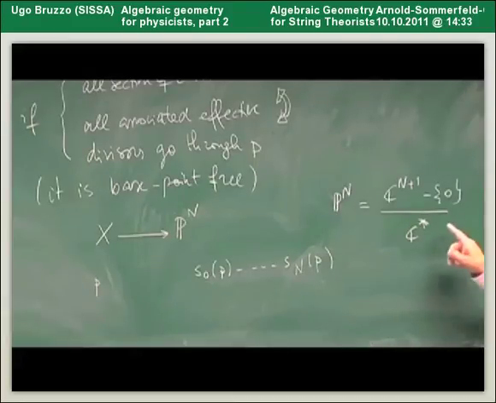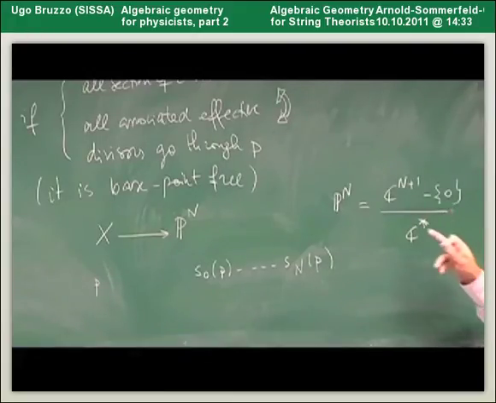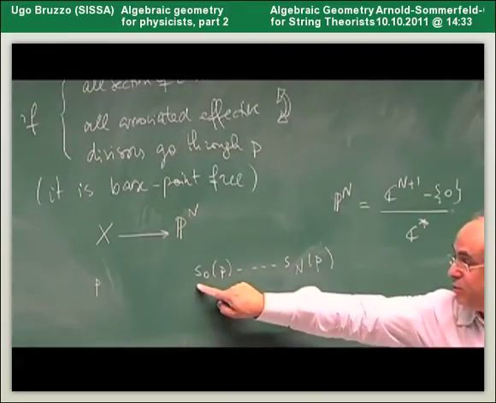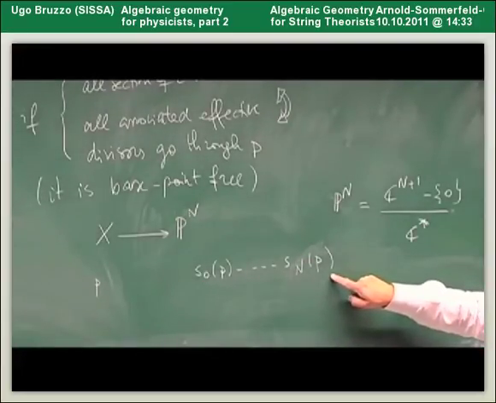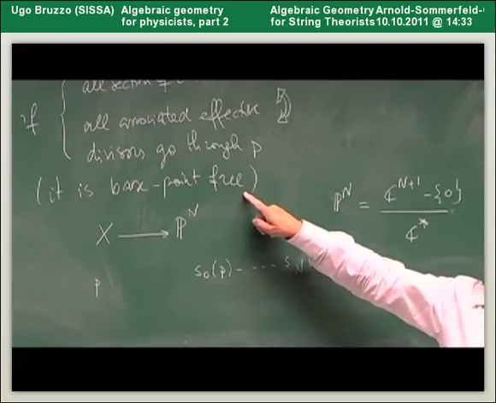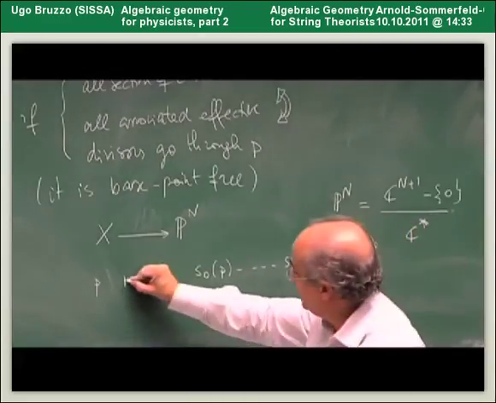And this makes sense only if 0 is eliminated. I can't stay with the 0 because then I don't have a good quotient. For this reason, I must avoid a situation where all these sections vanish simultaneously. So I need the line bundle to be base point free.